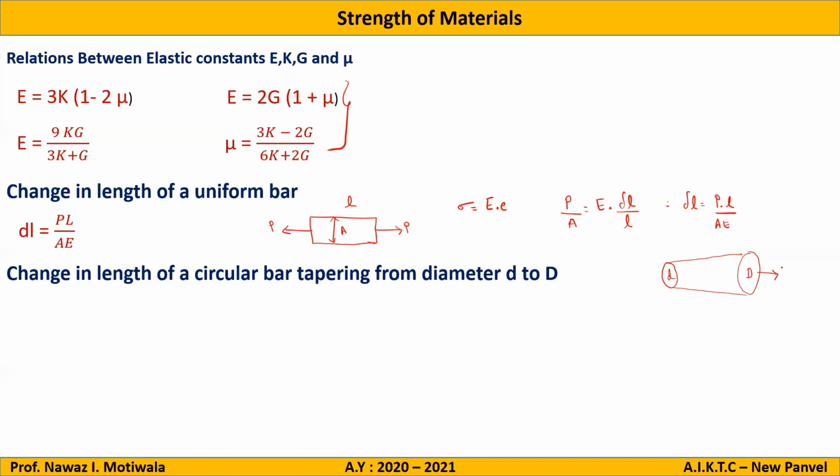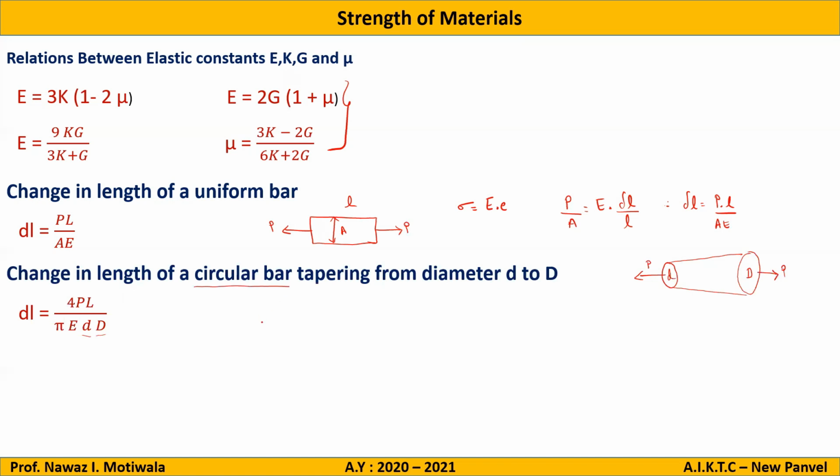If the load is applied, what will be the change in length? The change in length is given by delta L equals 4PL divided by pi E into d into D, where d is the small diameter and capital D is the larger diameter of the bar. So this is the case when it was a circular bar.